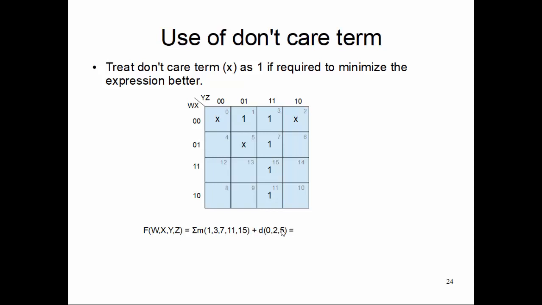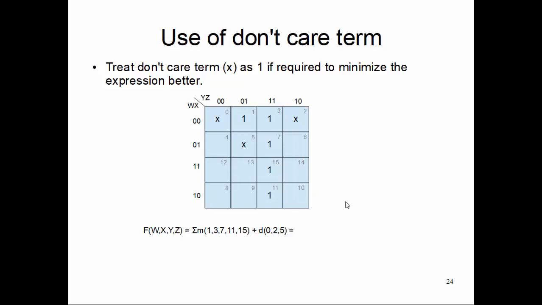What the original problem statement, from where the truth table was derived, is saying is that in the lifetime of operation of this digital circuit, I don't expect a value combination of the variables W, X, Y, Z which leads to minterm 0 or 2 or 5. They don't appear in the lifetime. So that becomes a don't care term in our problem.